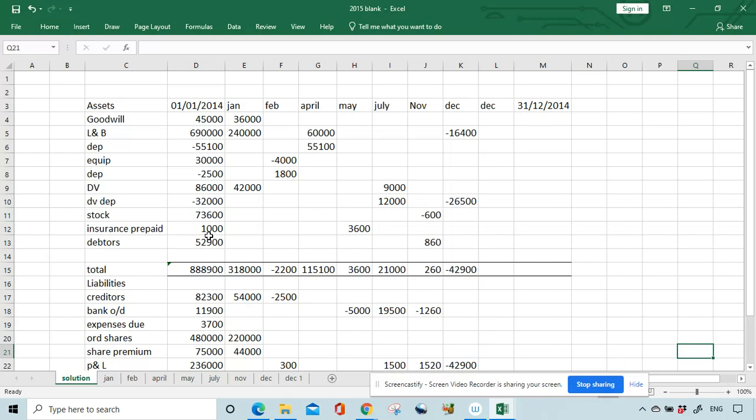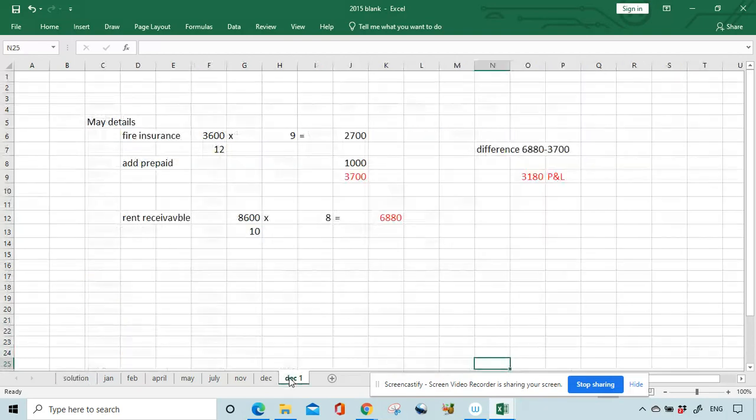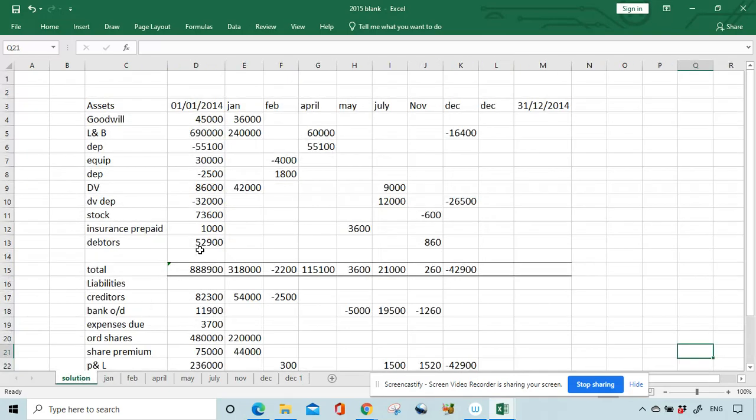So that 1,000 was for January, February and March. Okay, so that was for the first 3 months. I need to work out now 9 months. And I do that by 3,600 divided by 12 multiplied by 9, which gives me 2,700. I add on the prepaid figure, which gives me 3,700.